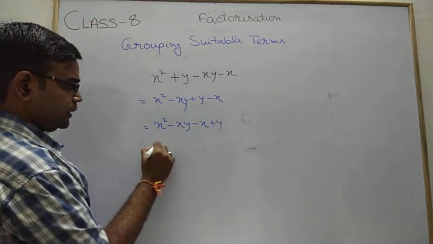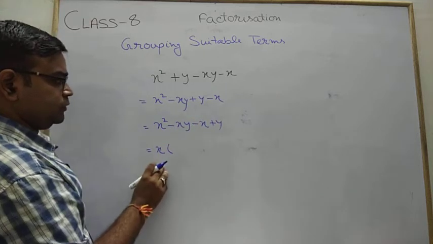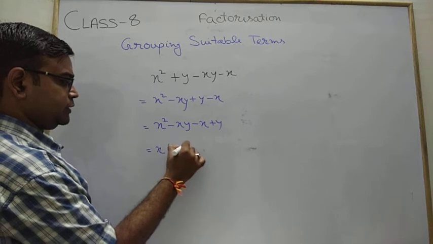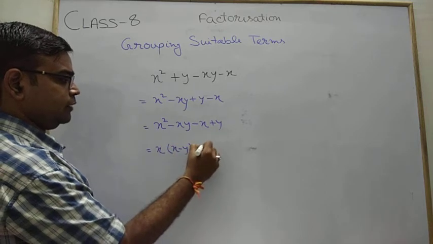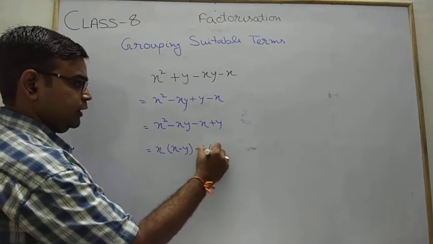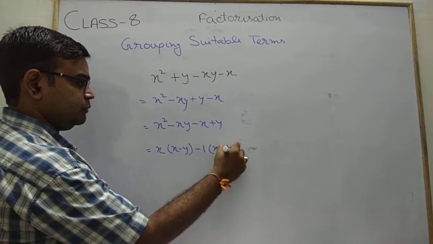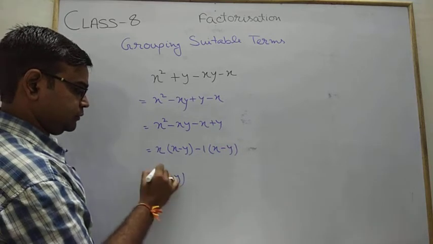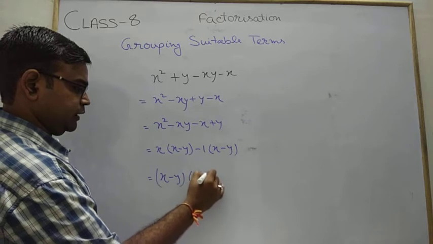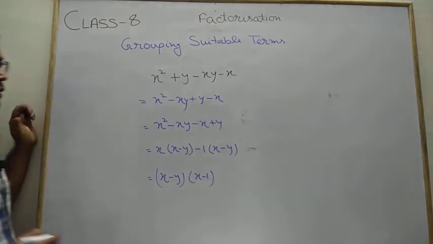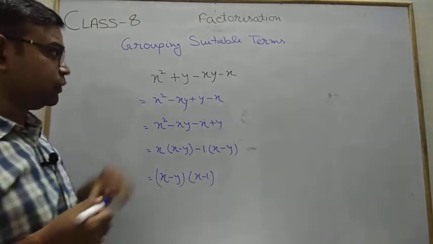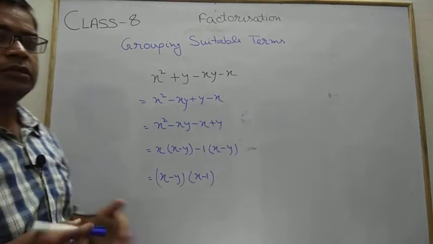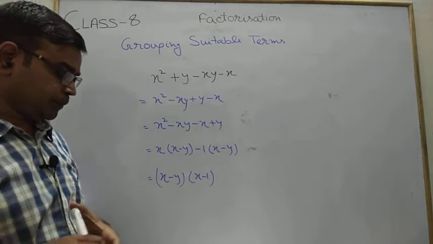Now take x common. What do we have? We have x minus y. Here take minus 1 common. What do we have? x in plus form, y in minus form. Take x minus y common. We have x minus 1 as the second factor. So likewise you can solve this question.